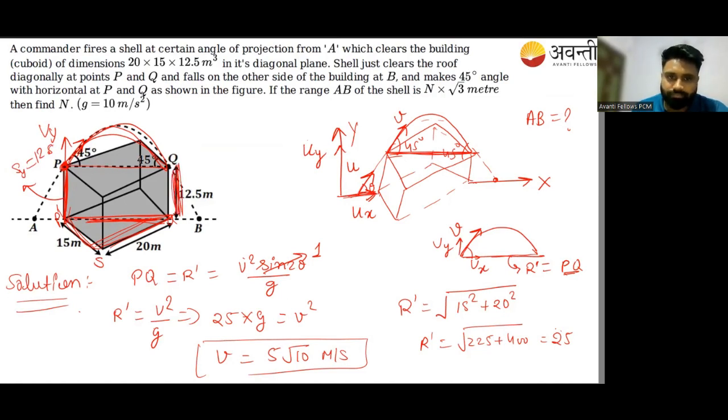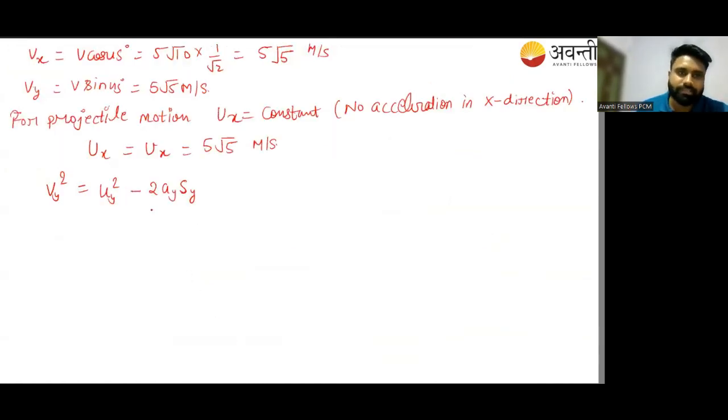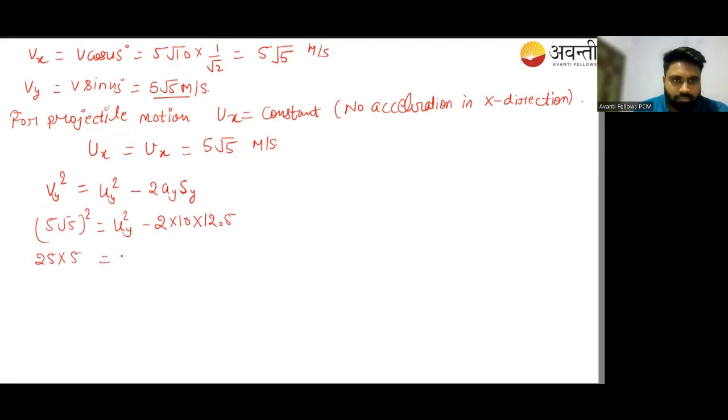So we apply it here. Vy square is 5 root 5 whole square, uy square we are trying to find out, minus 2 times ay, which is 10, and sy is 12.5. So 25 into 5 is equal to uy square minus, 125 multiplied by 2 is 250.